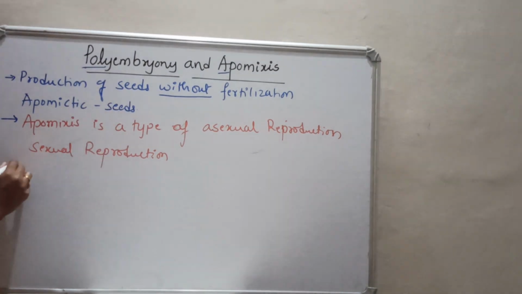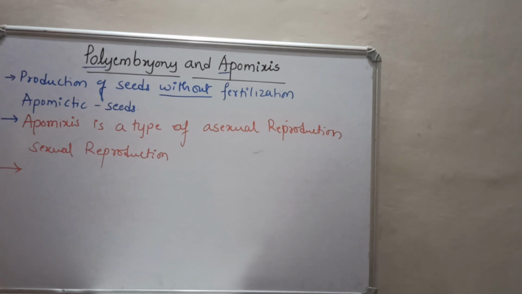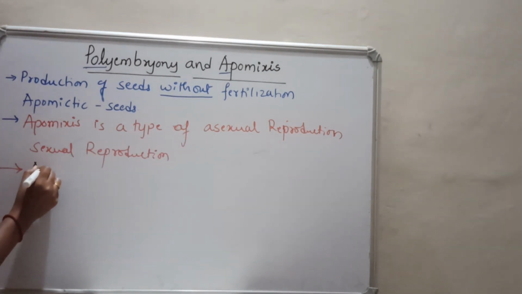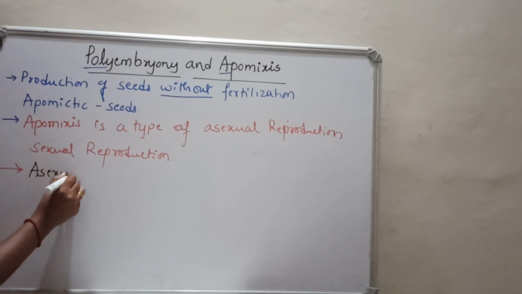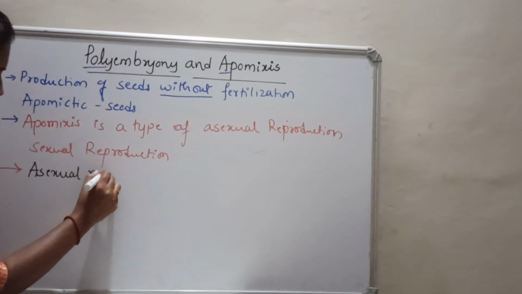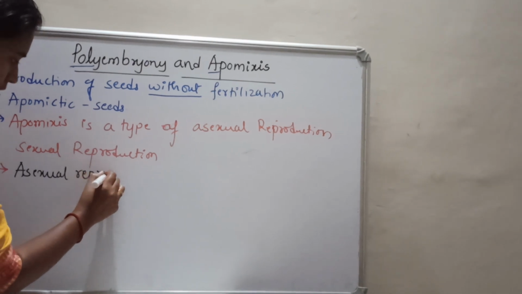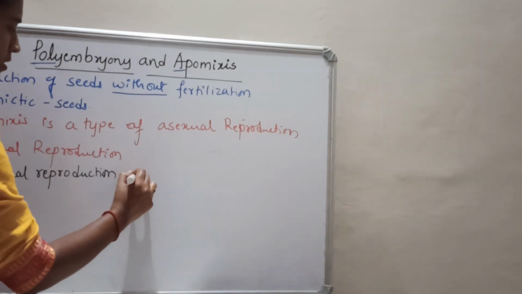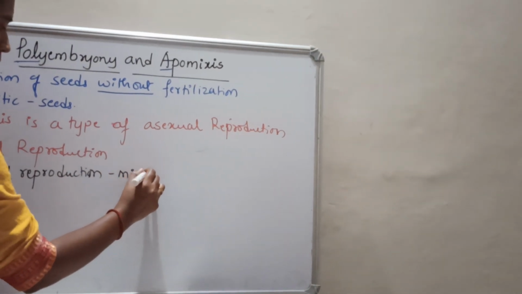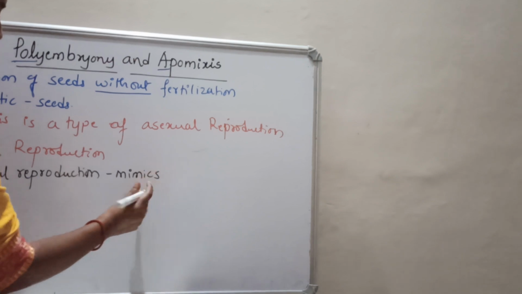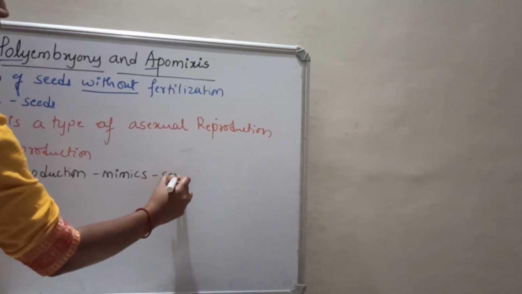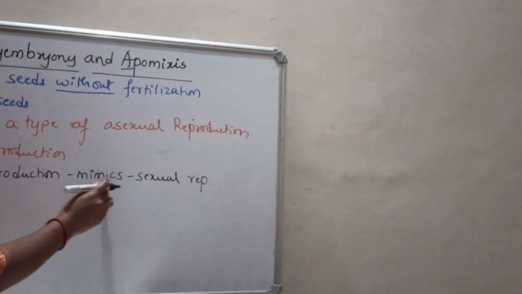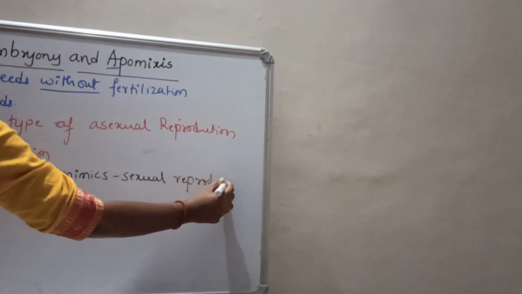It means apomixis, asexual reproduction, mimics, or imitates, the sexual reproduction.